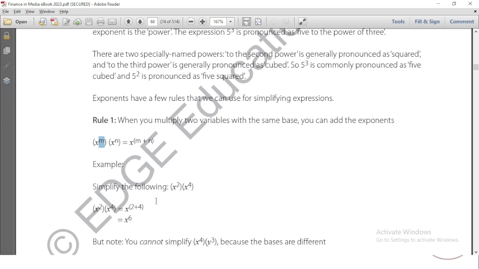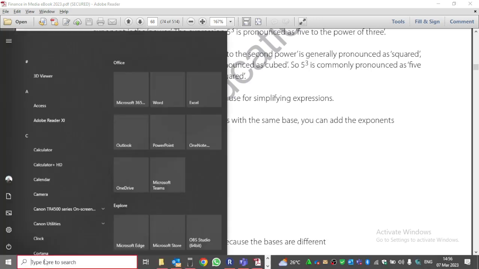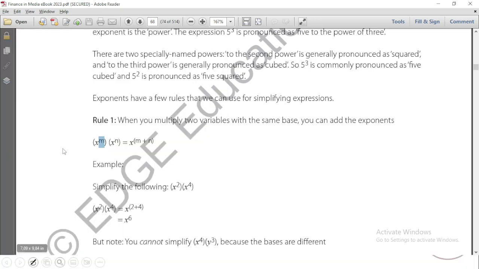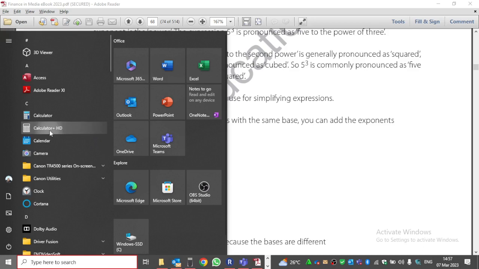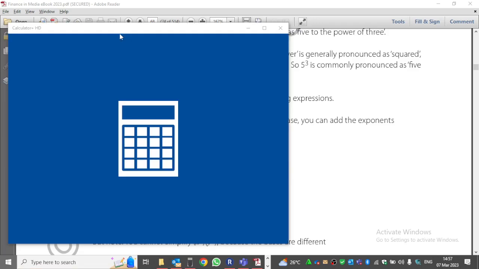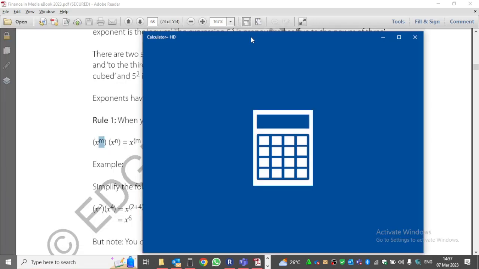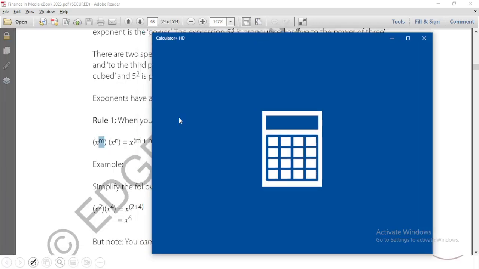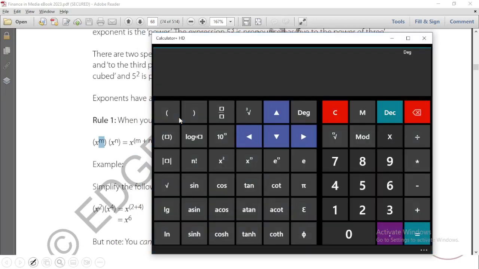It's the same as saying x to the power of 2 plus 4. So in real maths, I'm just going to open up a scientific calculator that I have here online, and quickly use a real example of numbers so that you can see.